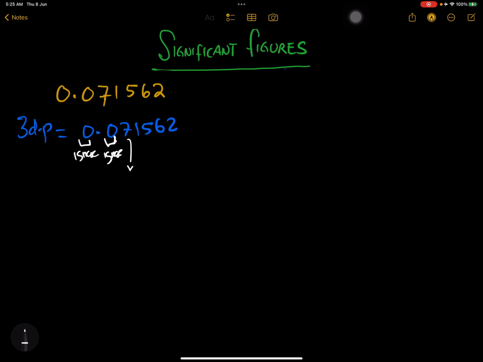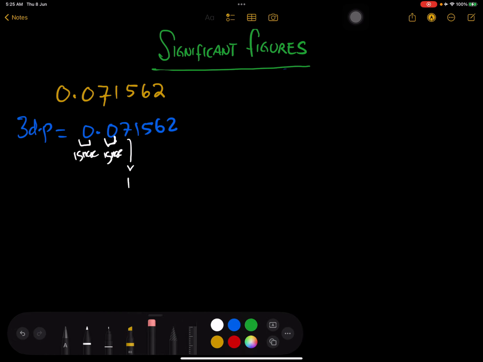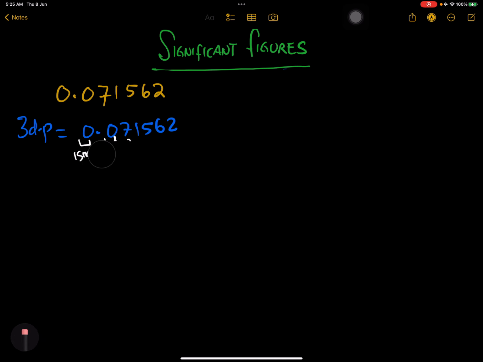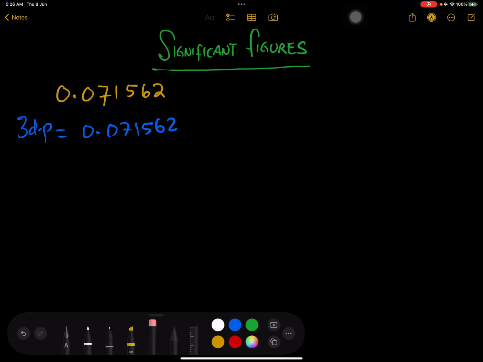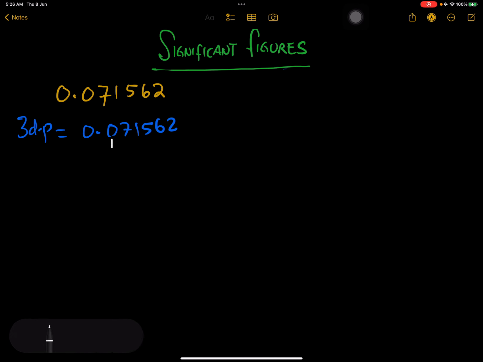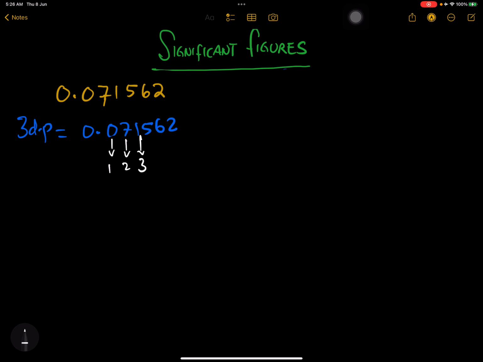Oh, sorry about that. I'm talking about significant figures. My brain is moving somewhere else. Sorry, I apologize. So we're saying that when it comes to decimal places, the number that comes right after the decimal point is the first decimal place, this is the second, and this is the third. And if that's the case, we put a dotted line right here.